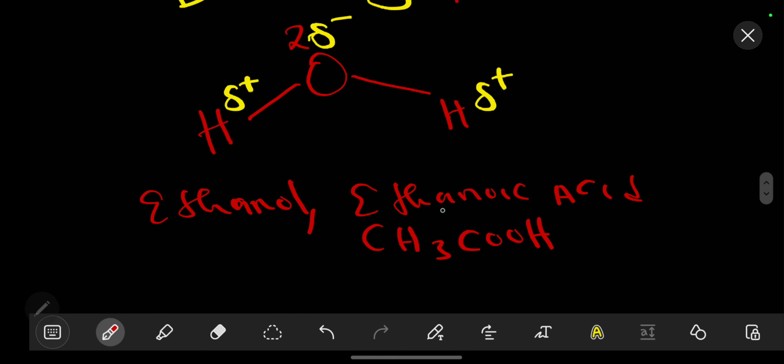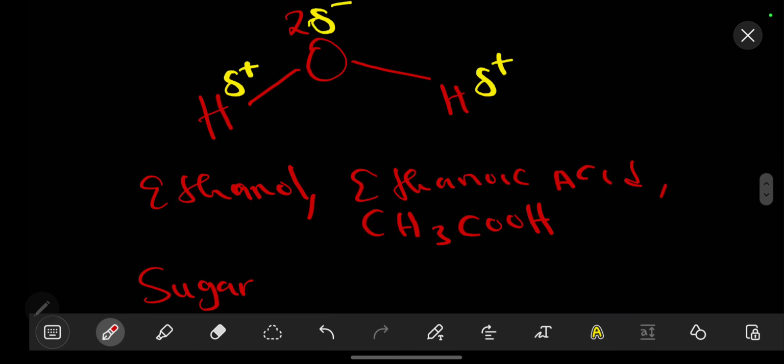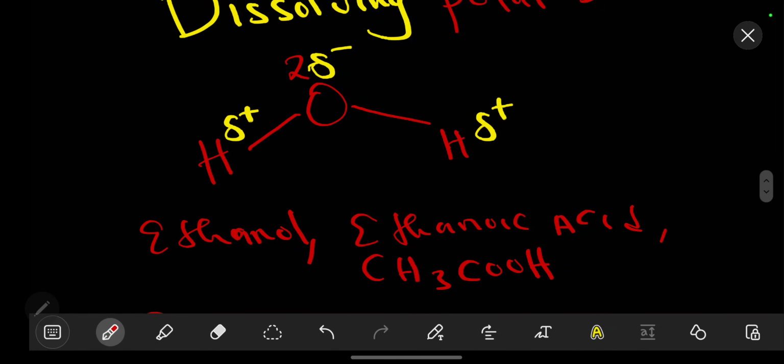So as you can see, this is fully non-metal, so it's a polar substance that is able to dissolve in water. We might also have another polar substance such as sugar. So the approach is the same. The partial negative is attracted to the partial positive, and the partial positive is attracted to the partial negative. So that's the way it is.